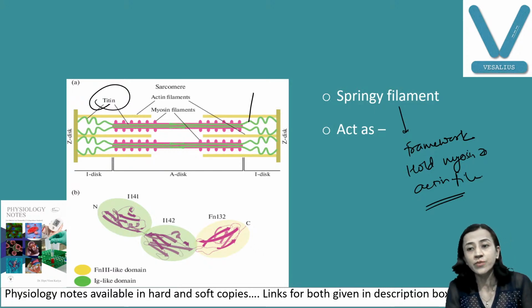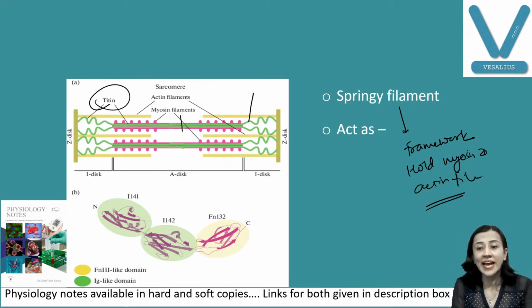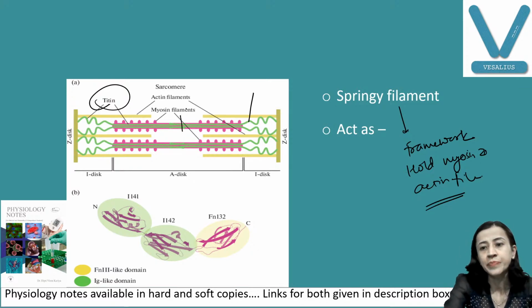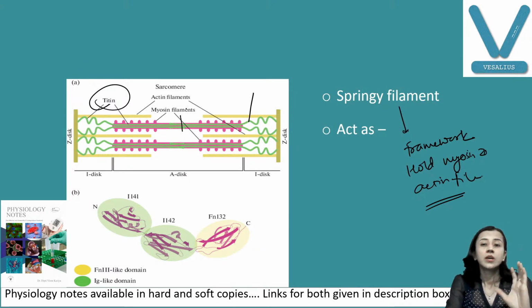One end of the molecule is attached to the Z line and the other end, as I told you, to the M line. The titin molecule itself also appears to act as a template for the initial formation of a portion of the contractile filaments of the sarcomere. Especially they form a portion of the myosin filament also. So some of their action also helps in the contractile process. But mainly they are your anchoring proteins. So that is titin.